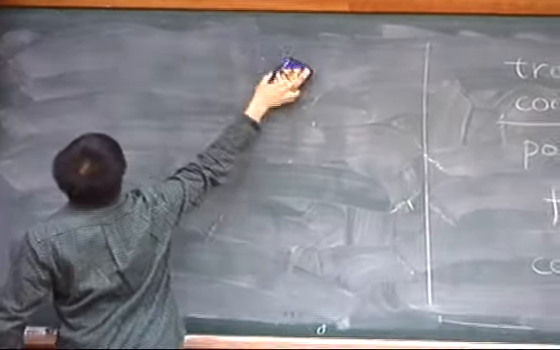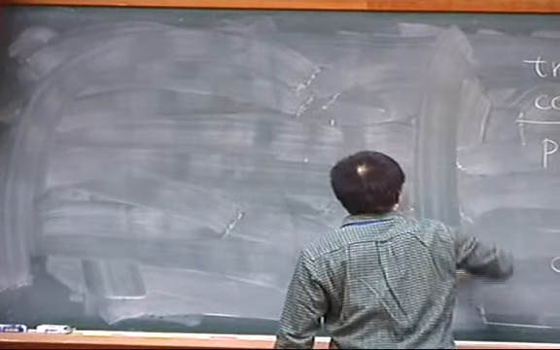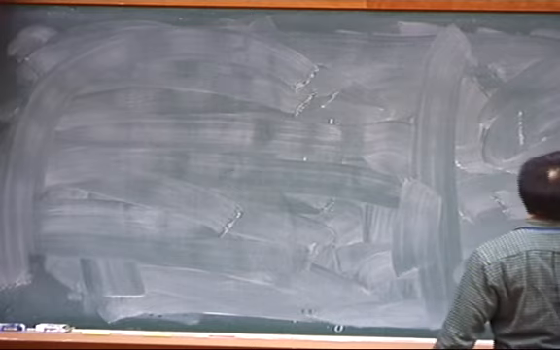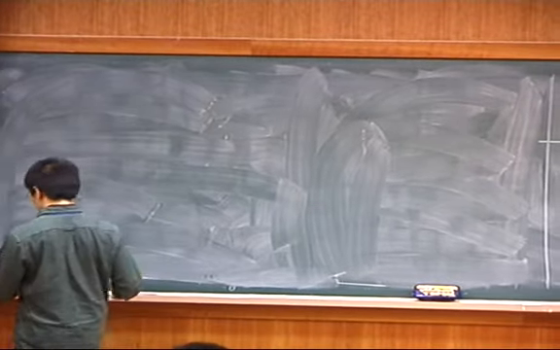And one advantage of tropical coamoebas is that they encode the information of not only the Fukaya category of W, but its pullback to the universal cover of the torus.